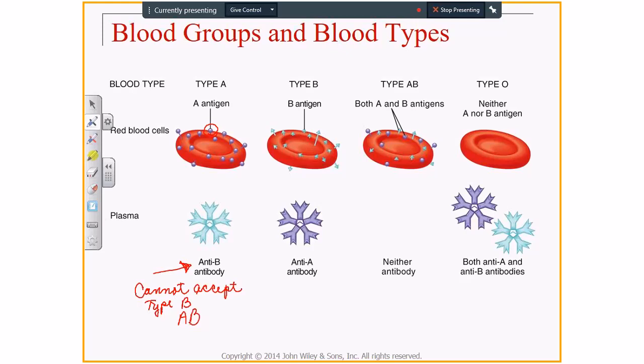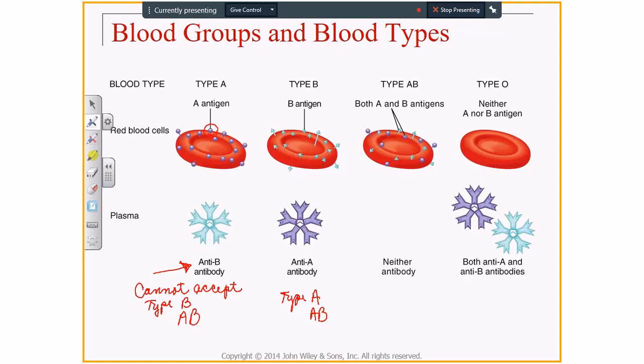Anyone that has blood type B has the B protein or antigen on their red blood cell. That means that you have anti-A antibodies, so you cannot accept anybody with a type A on it. So that means A and AB.